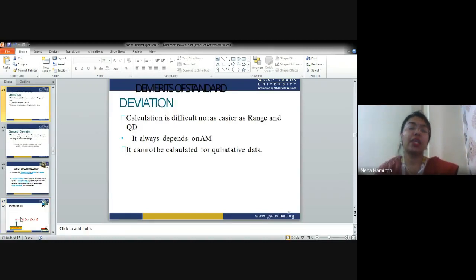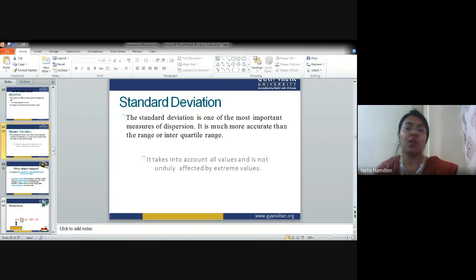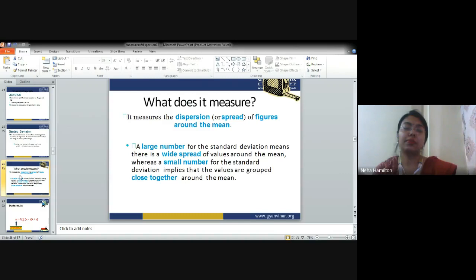I will quickly come to standard deviation, students, right? Because these are some things that we have already covered. So what does it measure? Basically, standard deviation tells whether your data is widespread or close together, narrowly spread.